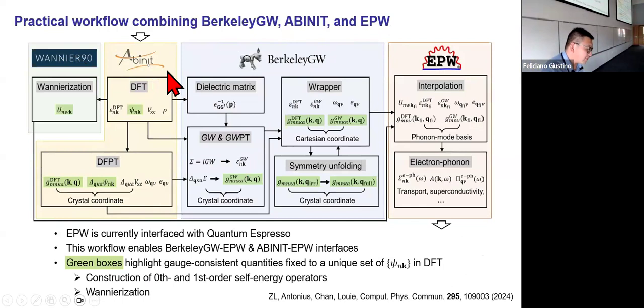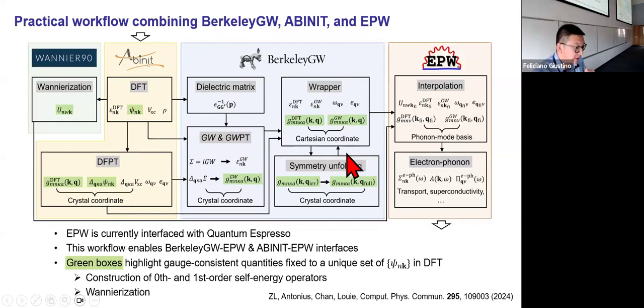And there are several places where, if one were to run the calculation, one needs to be very careful. First of all, the rough idea is that we start with a DFT calculation, then we can do a DFPT calculation. Then we can feed these inputs to BerkeleyGW and run GW and GWPT calculations.